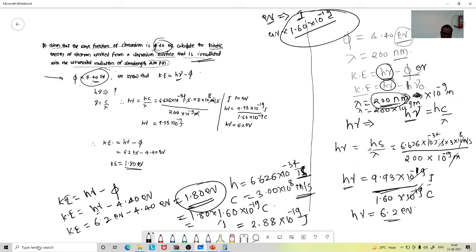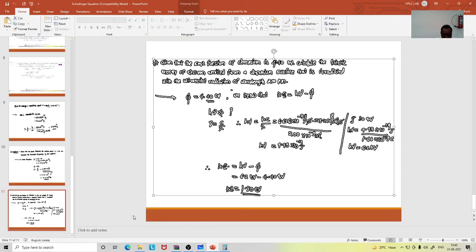Therefore, kinetic energy of the ejected electron Ke is equal to 2.88 into 10 raised to minus 19 joule. Simply we can make the calculation, right? This is all about the problems.